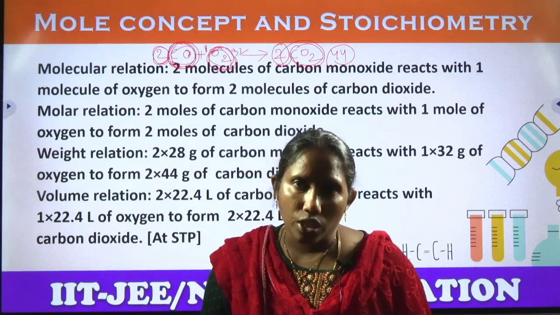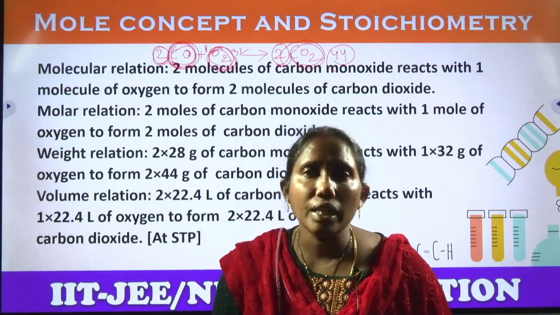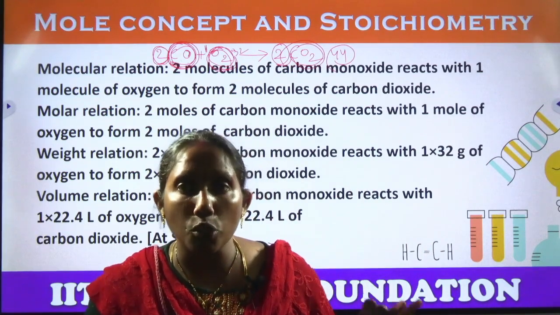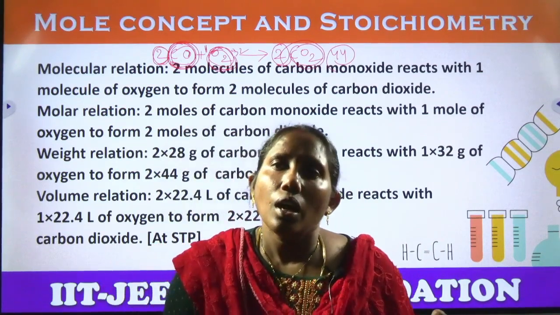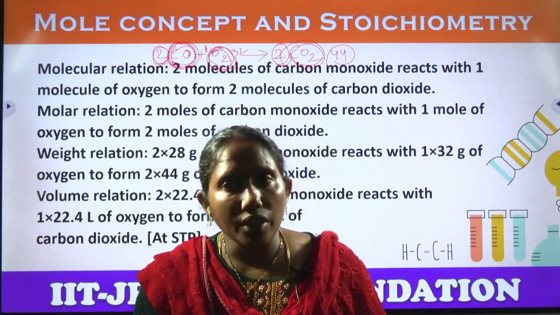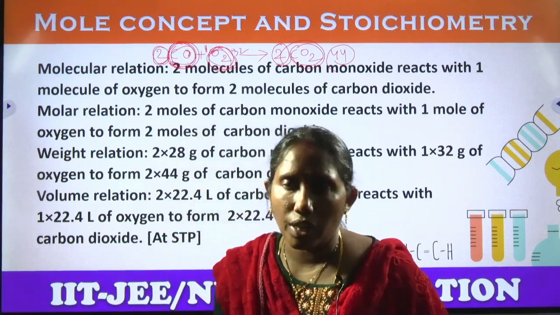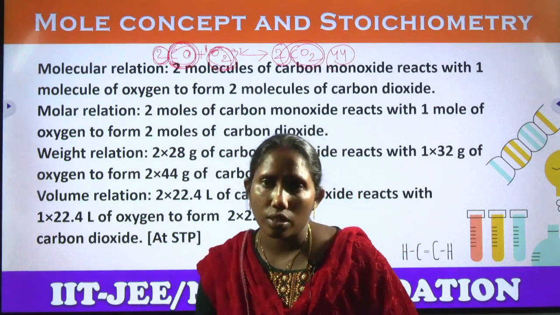That is the volume representation. So one chemical equation we can represent in 4 types: molecular, molar, weight and volume representation of reactants and products, right?